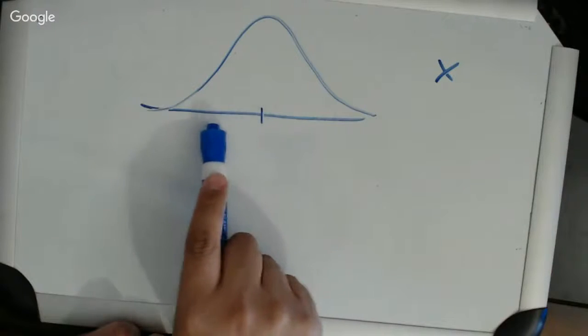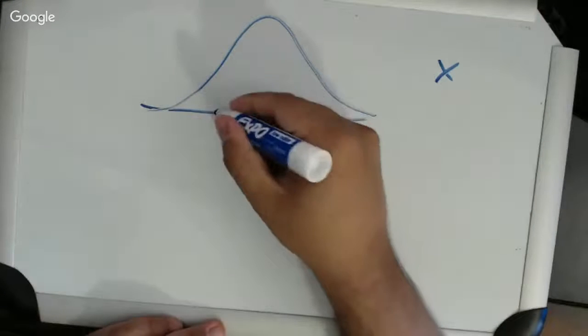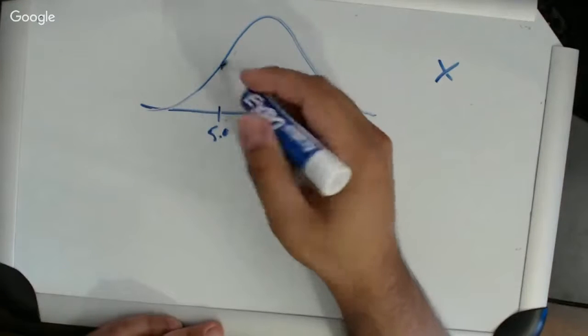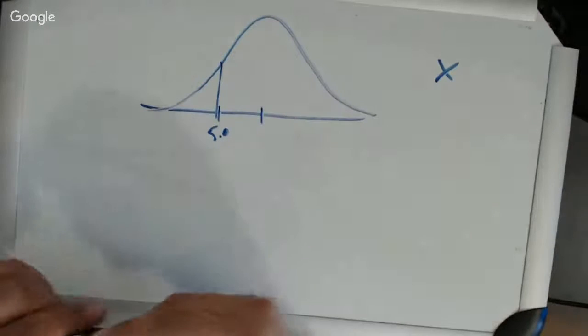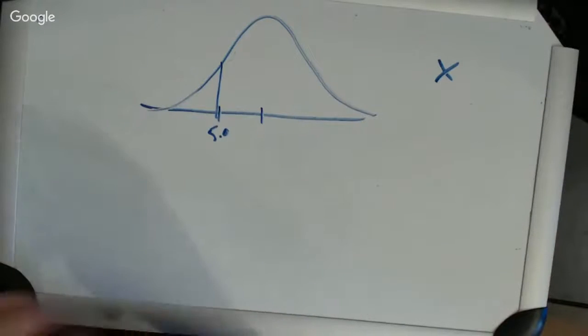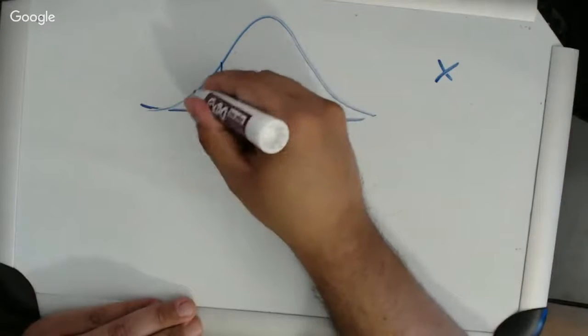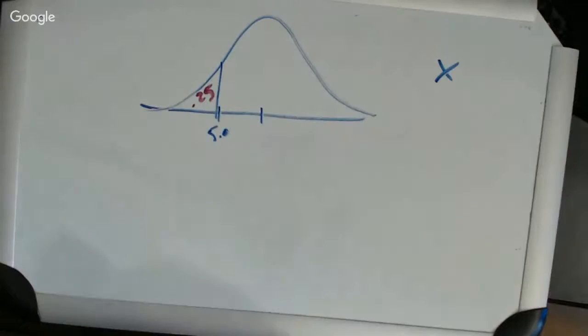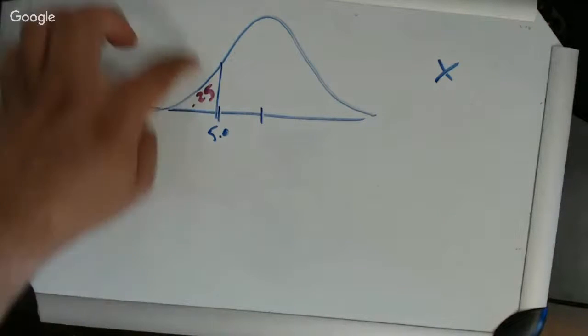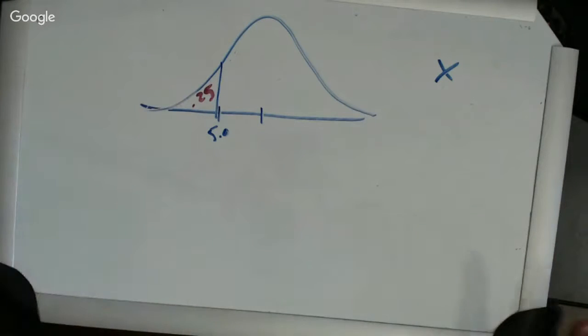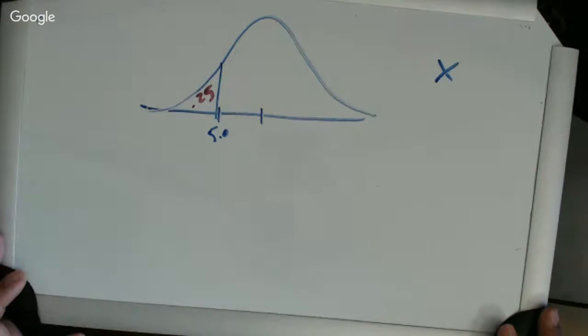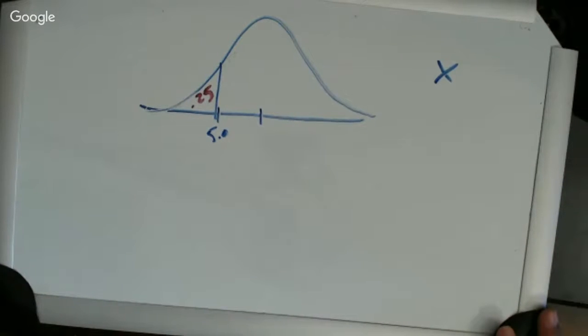So we have to move left. So it's somewhere over here, the score of 5.0. And whatever's left over, this little bit here, ends up being 25%, or 0.25 of the whole of 1. So that's all we really know here.